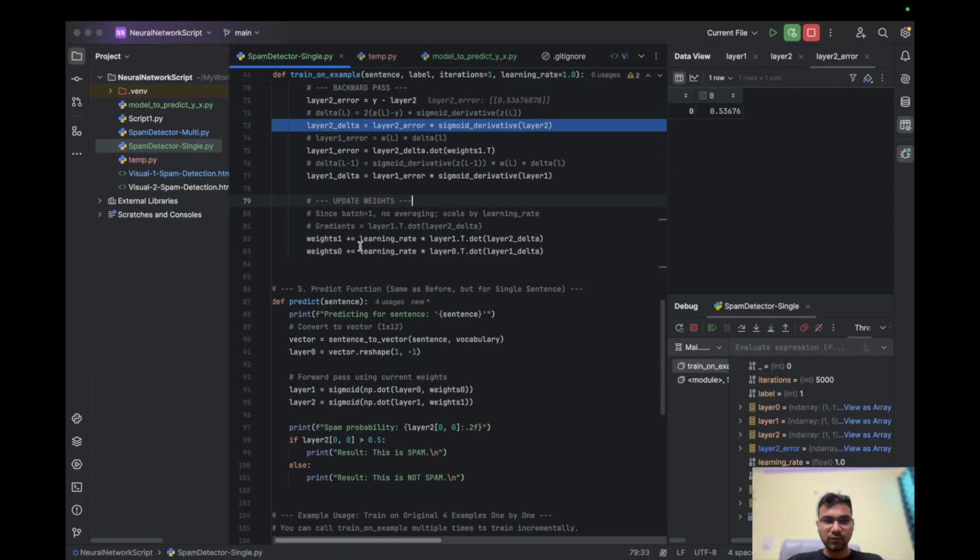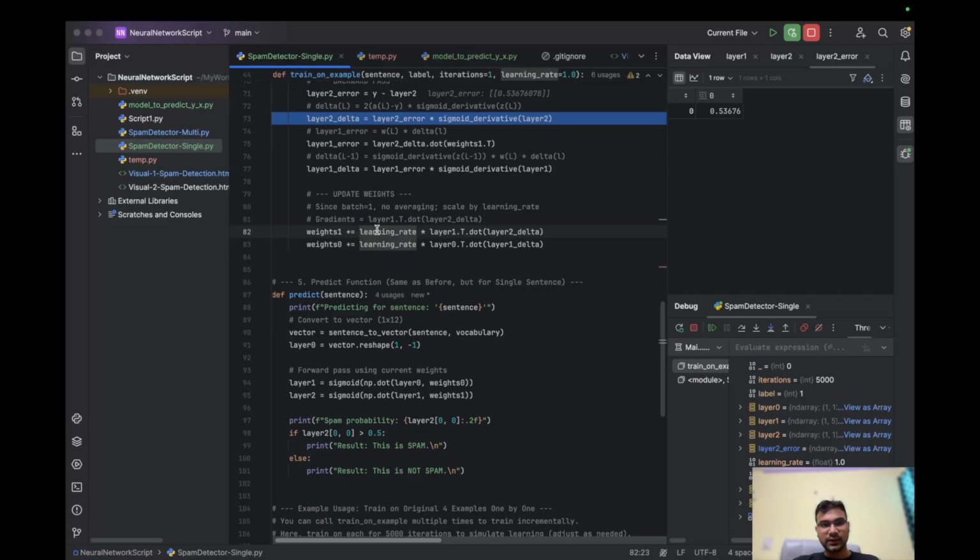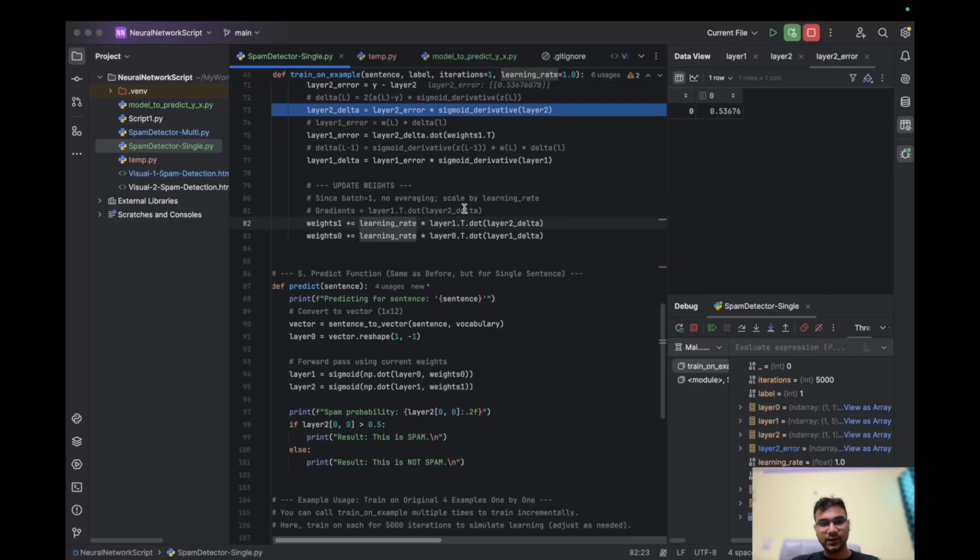Now we are taking an arbitrary learning rate. As we have seen, this is how fast or how slow we want to move towards that gradient. So the learning rate is the default one. This is the gradient, so the weights will get updated based on the gradient.